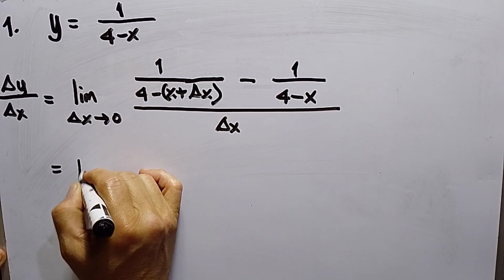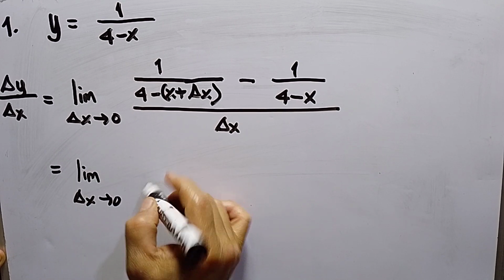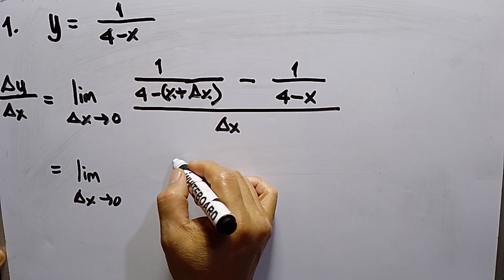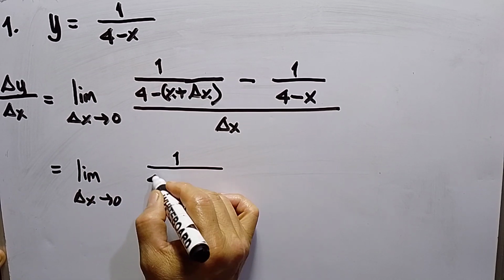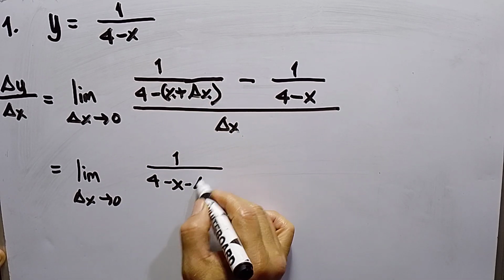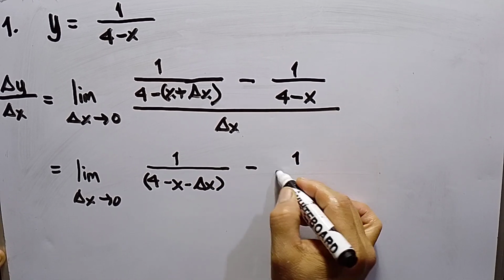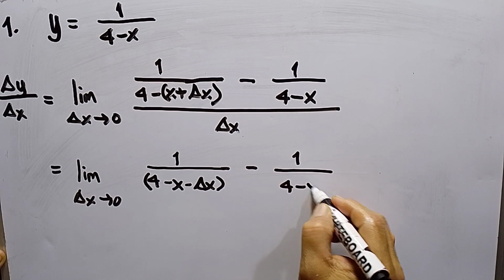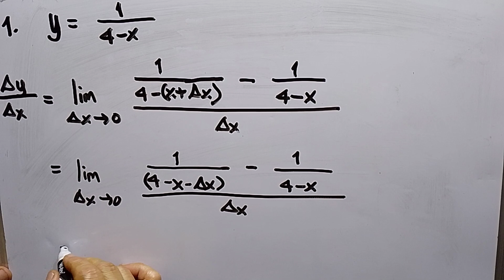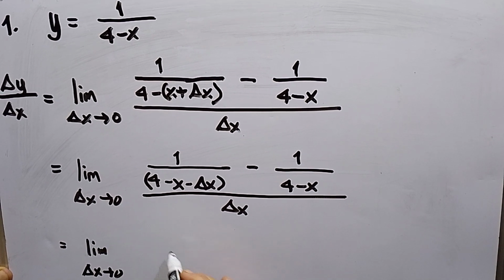Then I need to find the LCD. First, I have to distribute the negative, so this will be 1 over 4 minus x minus delta x, minus 1 over 4 minus x, all over delta x, with the limit as delta x approaches 0.